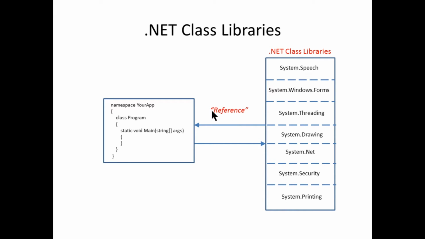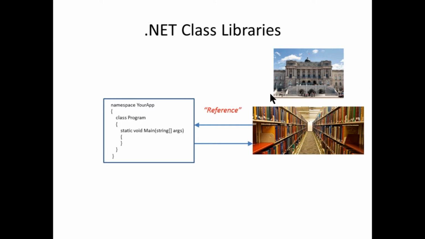All you need to do is cite a reference from your main application. Here I've got your app as your main application, and you just need to reference these pre-built .NET class libraries. And again, the analogy is, I've got the Library of Congress here, but on your computer, it's like the Microsoft .NET class libraries.